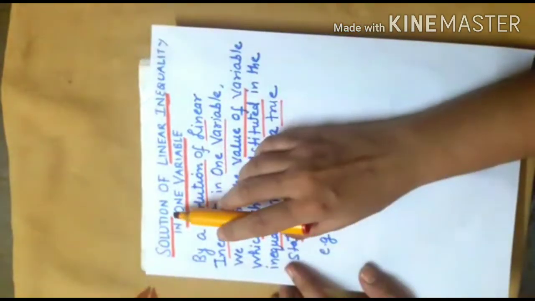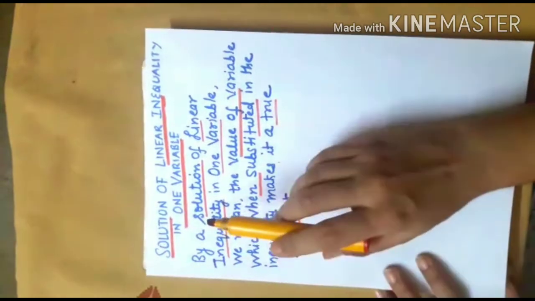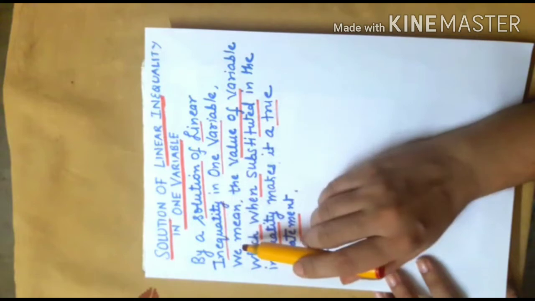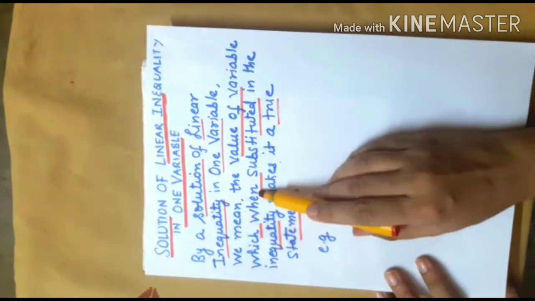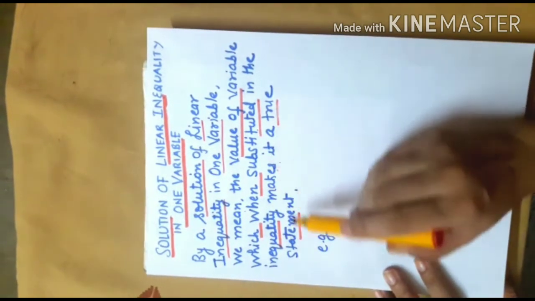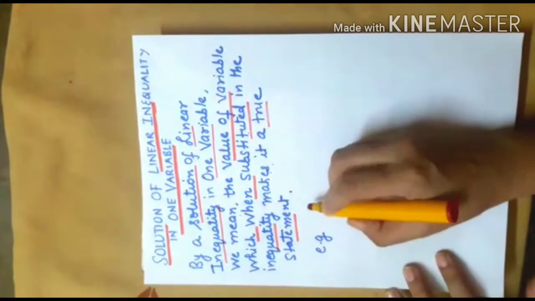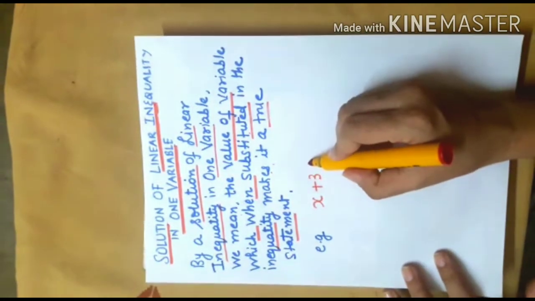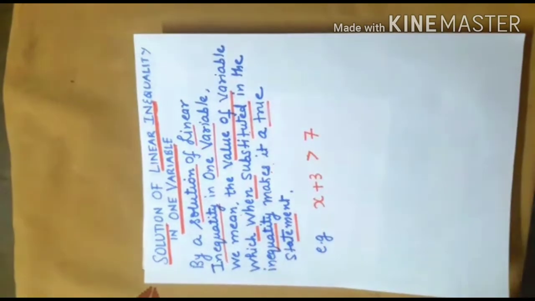Now we will discuss the solution of a linear inequality in one variable. By a solution of a linear inequality in one variable, we mean the value of the variable which, when substituted in the inequality, makes it a true statement. For example, x plus 3 greater than 7.